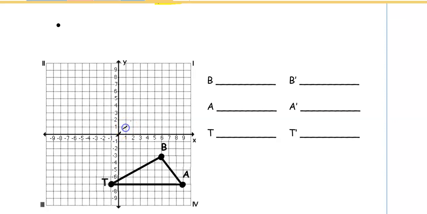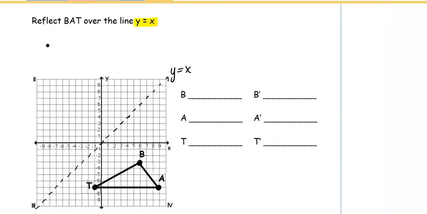So 0, 0, 1, 1, 2, 2, 3, 3, 4, 4, 5, 5, 6, 6, 7, 7. It's this diagonal line that's going through. It starts at 0, 0, and it has a slope of 1. Think about slope-intercept form, y equals mx plus b.